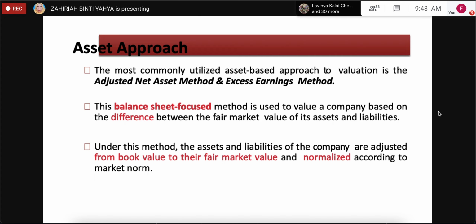Debt. Liabilities you ingat hutang je. Selain daripada hutang, deferred tax. Deferred tax ialah apa yang tertangguh lah, ya. Cukai yang tertangguh. So basically, kalau layman dia akan sebut semua tu sebagai hutang, ya.